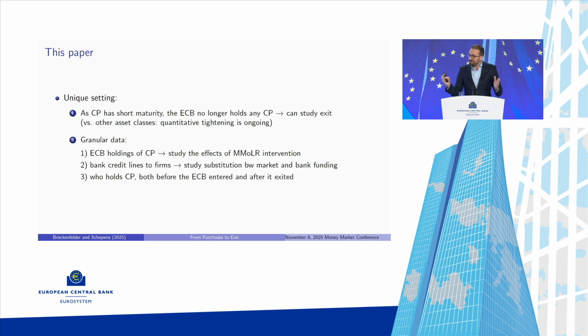We also have very granular firm-level data that we complement with ECB holdings of commercial paper, so we can study the effects of the market maker of last resort intervention, as well as the bank credit lines to firms to study the substitution between market and bank funding. And we also know who holds commercial paper both before and after the intervention.